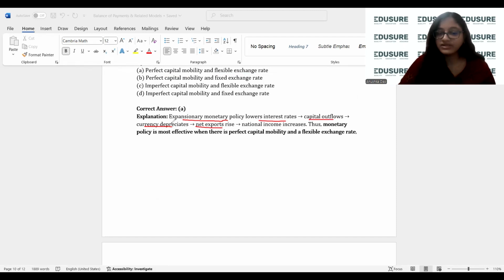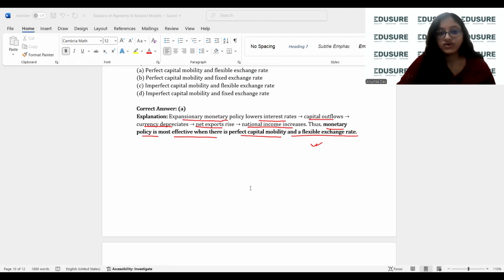As depreciation occurs, exports will rise and imports will fall. So net exports will rise, as a result of which national income will rise. That is why monetary policy is most effective when there is perfect capital mobility and a flexible exchange rate. This is the kind of reasoning that we give.